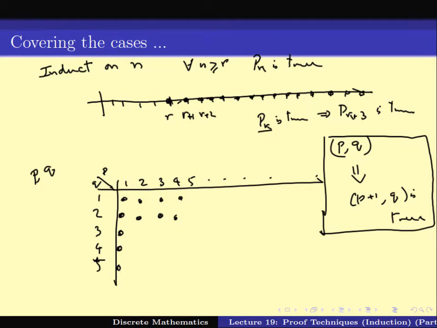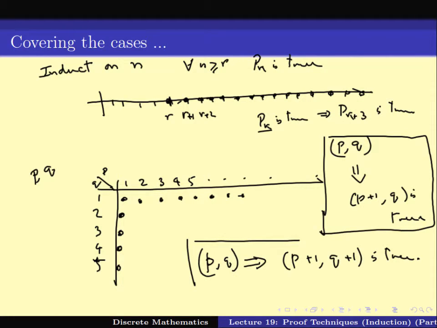Another way can be that we start with the assumption that (1, P) is true for all P and (Q, 1) is true for all Q. And maybe then something of the form (P, Q) is true implies (P plus 1, Q plus 1) is true.